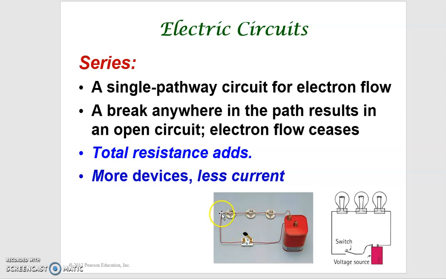However, the voltage across each resistor is not necessarily the same. Let me emphasize again: in a series circuit, the voltage across each resistor is not necessarily the same, but the current passing through each resistor is the same.